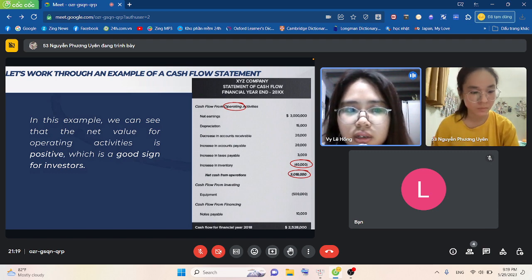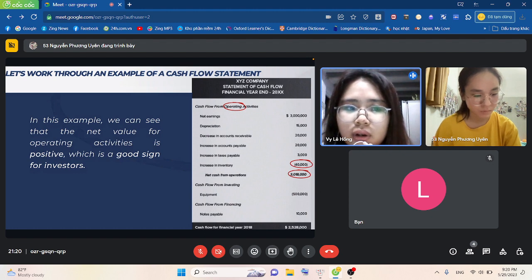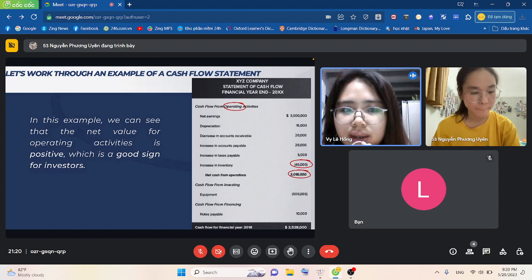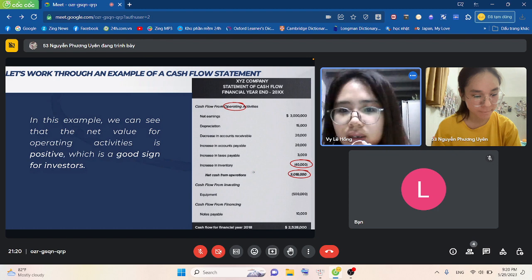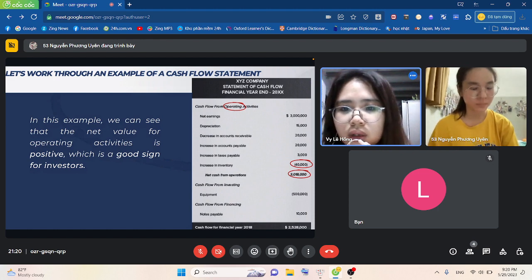In this section, we can see incoming cash values recorded as positive, while outgoing cash values are negative and are usually enclosed in brackets. When you subtract the outgoing value from the incoming value, you arrive at the net cash flow for operating activity. In the example, we can see that the net value for operating activity is positive, which is a good sign for investors.